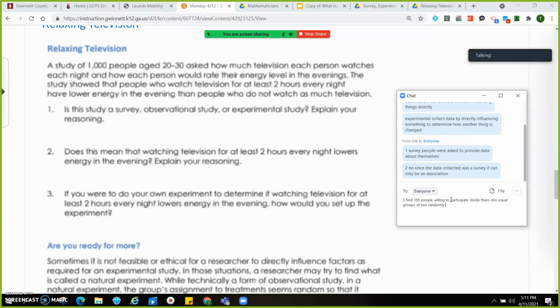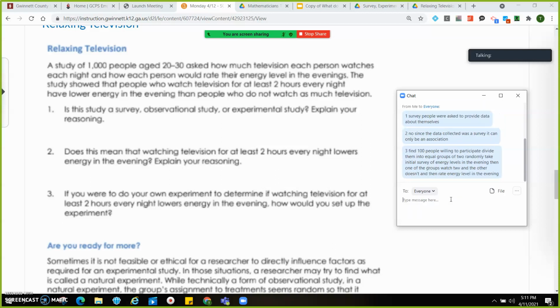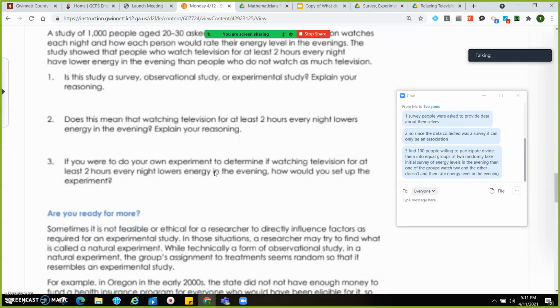Okay, and then take an initial survey of energy levels in the evening. Then one of the groups watches TV and the other doesn't, and then rate energy level in the evening to compare your results. Okay.